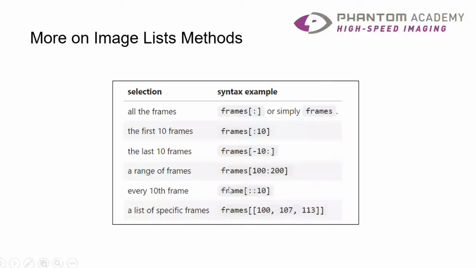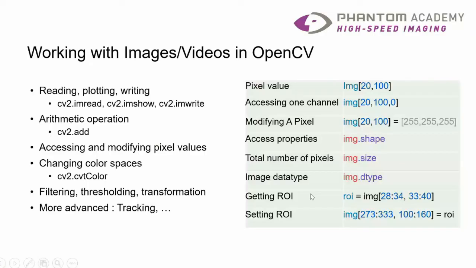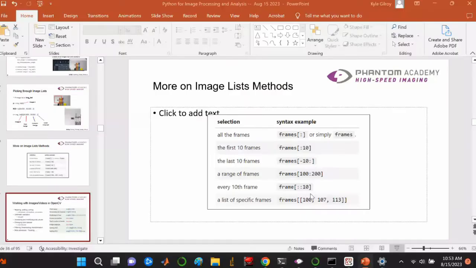You saw some practical examples using different libraries. So I'm here to just summarize what you can do with 2 main libraries. The first one is OpenCV. As you saw, you can read, plot, or write images using different methods in OpenCV.